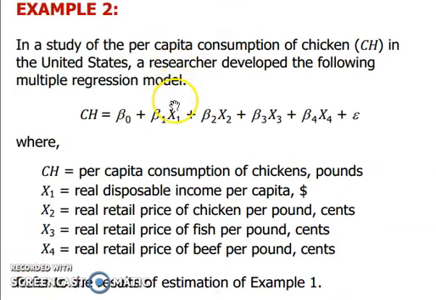So for example, we are studying the consumption of chicken, and we have the independent variables, which are the income level, the price of chicken, and the price of other goods, which is the fish and also the beef. So we have data on consumption of chicken, income, price of chicken, price of fish, and also price of beef.